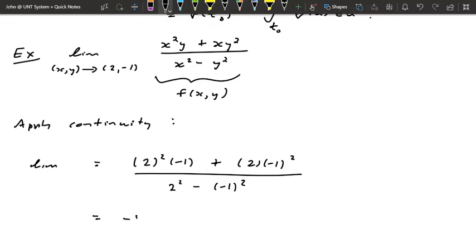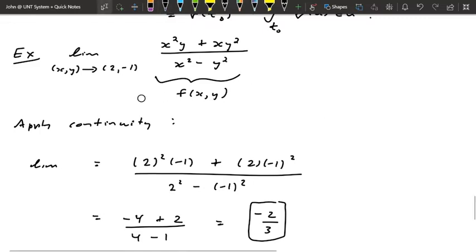So we get (-4 plus 2) over (4 minus 1), which is minus 2 over 3, minus 2/3. All right, so that problem was kind of easy due to the fact that we could use continuity to take the limit.